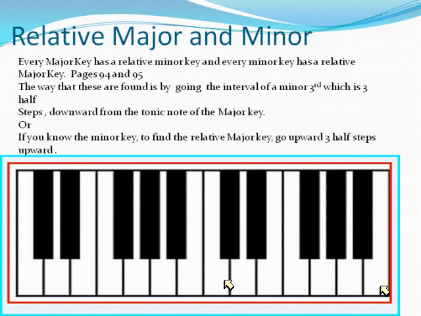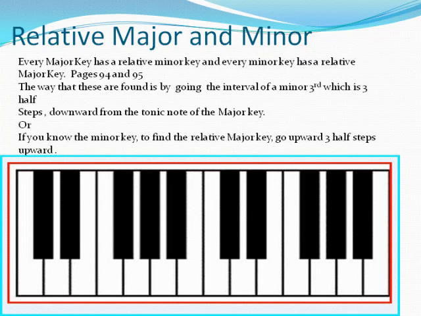The key of A minor begins on A. Oops, that wasn't a C, was it? Sorry, that was actually B I put up there. And it ends on A, and it uses no sharps or flats, just like the key of C major. Those are called relative major and minor keys.